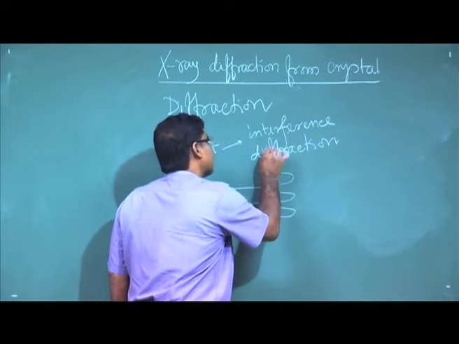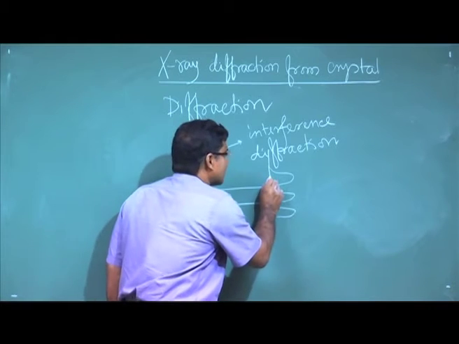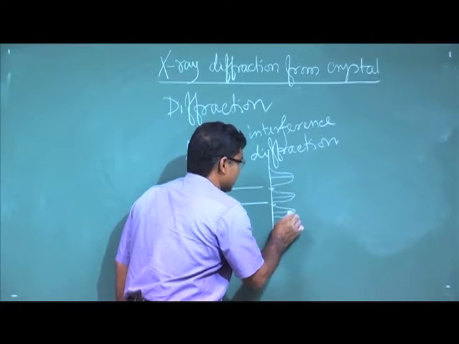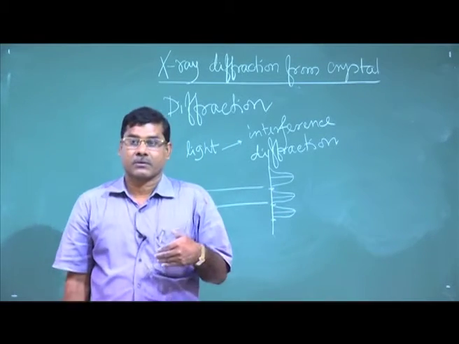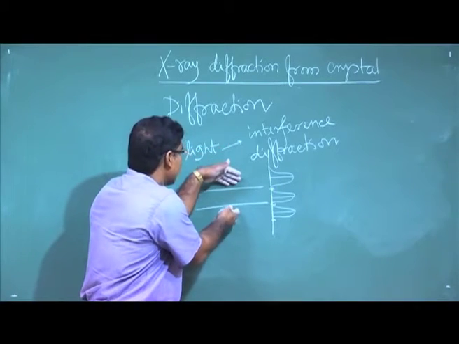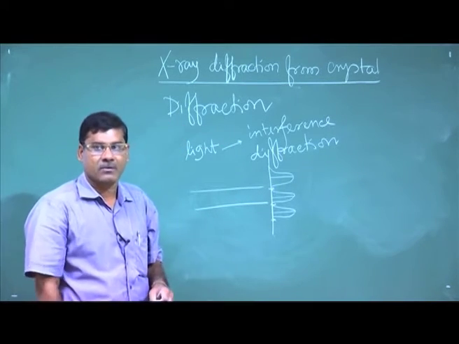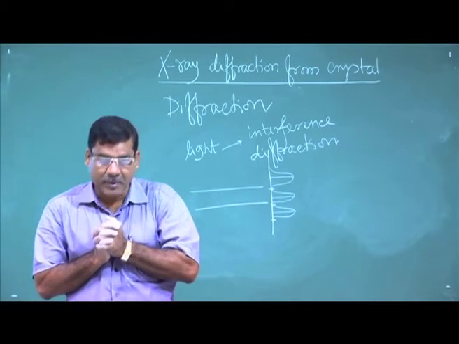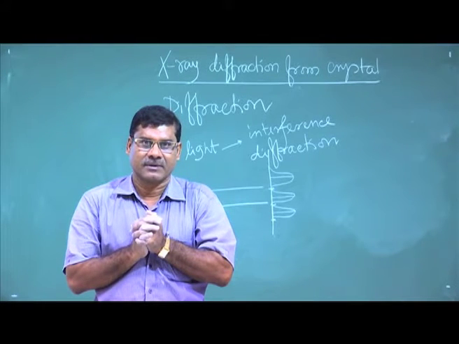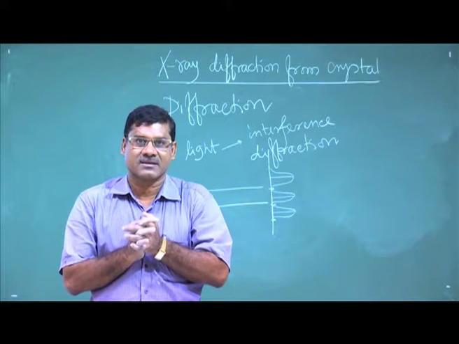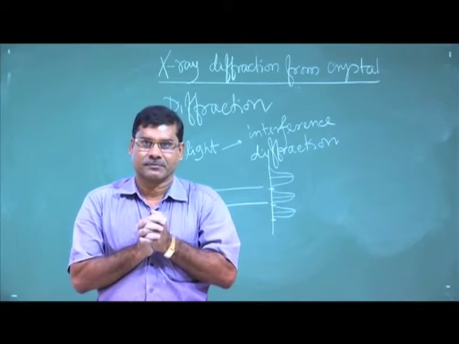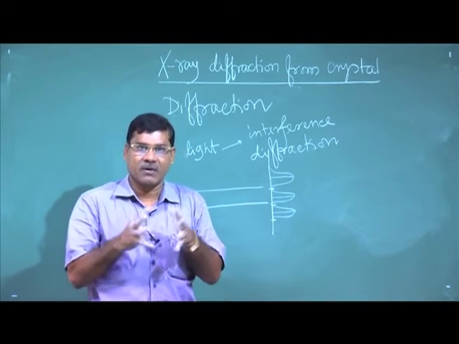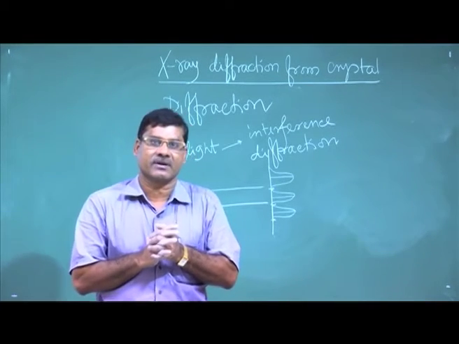We say bright, dark, bright, dark, bright, dark. Okay. So, when these two electromagnetic waves, visible light, overlap, they interfere with each other under some condition. It does not happen always. There are some conditions, you know, it has to be coherent. If these two coherent waves overlap, then only you will see the interference.